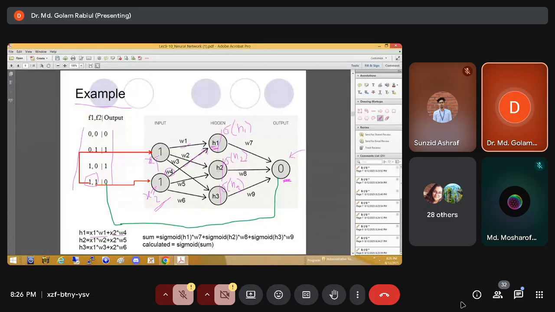Similarly, we need to find H2, the hidden layer sum 2. Here is X1 times W2, the weight between input layer neuron 1 and hidden layer neuron 2. So that is X1 W2, plus X2 times this connection weight, W5.